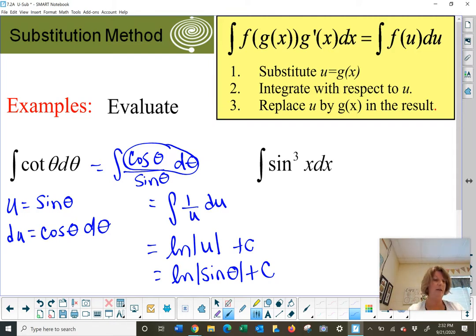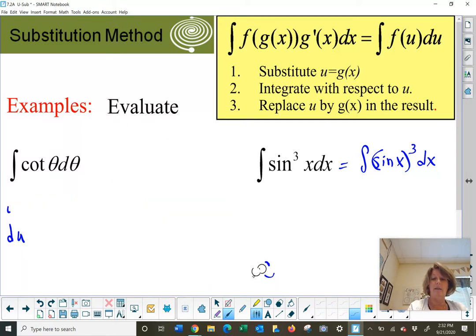where are we at? Sine cubed. Ooh, sine cubed. So I could think of this as the integral of sine of x cubed dx, but that still isn't very helpful because if I chose u to be sine, I need a cosine present. So what other things could I do?